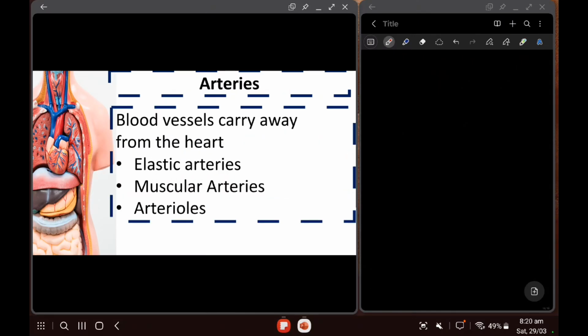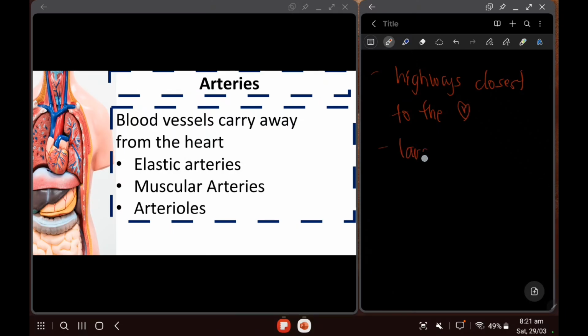Then, arteries. So, si arteries, blood vessel carry away from the heart. So, merong elastic arteries, which is, yung elastic arteries is para silang highways closest to the heart. So, ano sila?